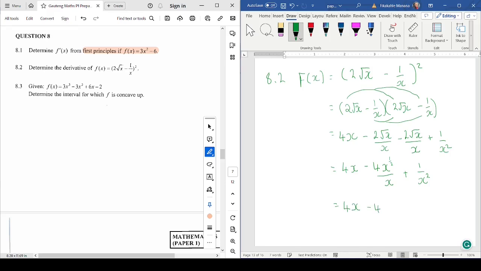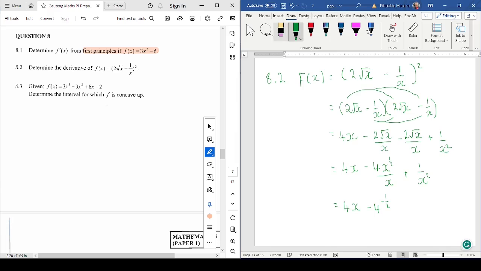Minus 4. What does this give me? It's a half minus 1. This is 1. So what's a half minus 1? If you said to me it's minus a half, then you are right. It's to the power minus a half.